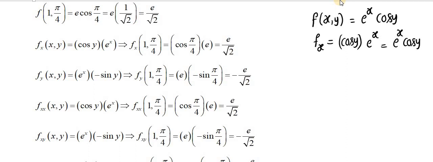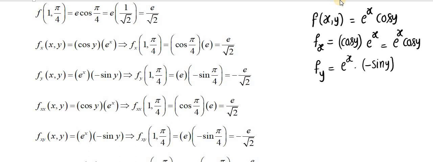Next, partial differentiation of f with respect to y. Whenever we are going to do partial differentiation with respect to y, x is constant. X is constant. So e power x is also constant. Into cos y differentiation is minus sin y. Now we calculate the value of fy at 1, pi by 4.